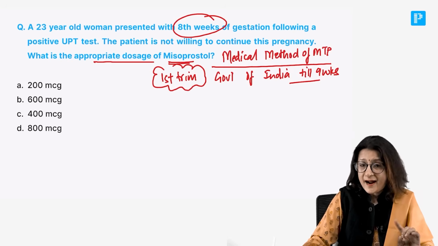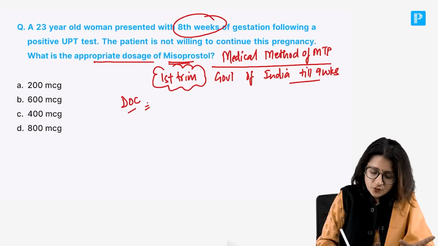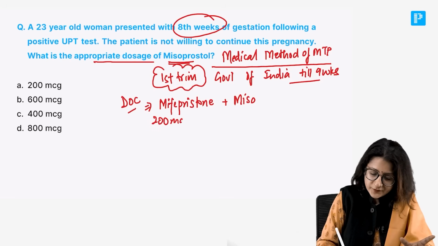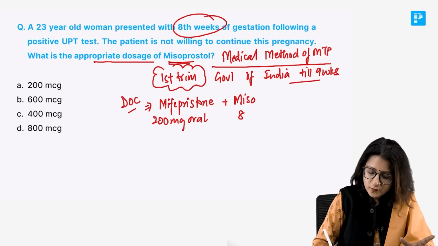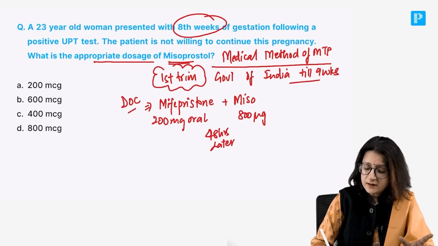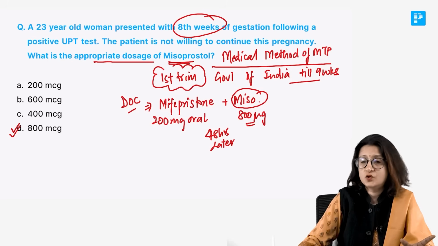Now, till 9 weeks of gestation, the drug of choice, if they ask you, is mifepristone plus misoprostol. Mifepristone is 200 milligram oral and misoprostol is 800 micrograms, given 48 hours later. The dose of misoprostol is 800 micrograms. So that is your answer.